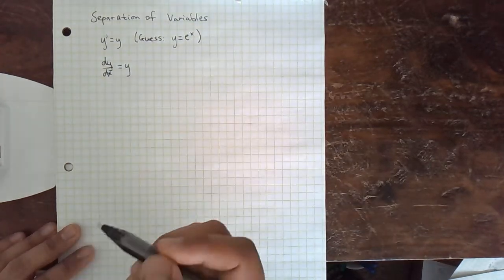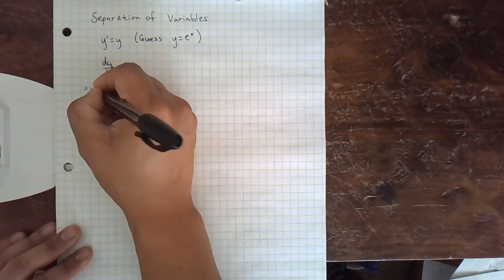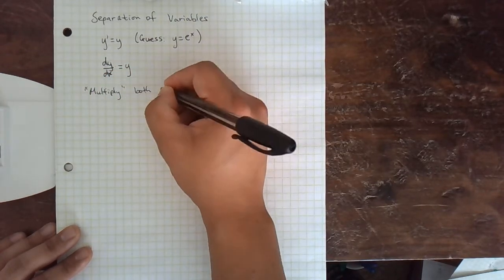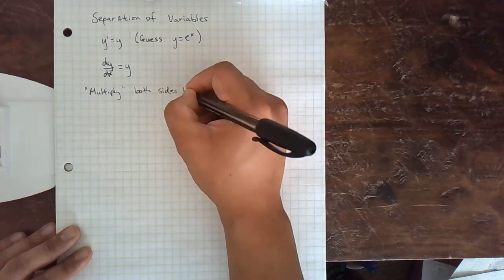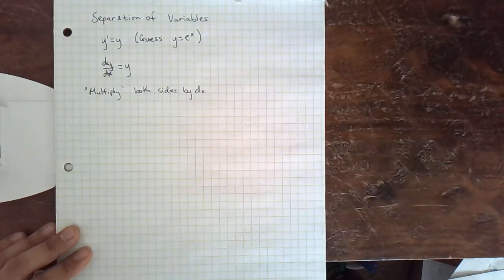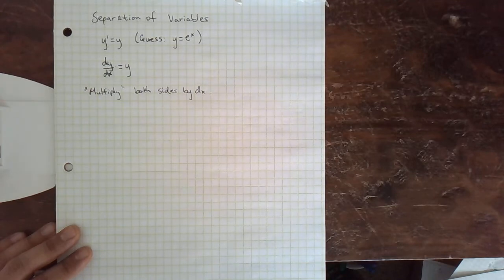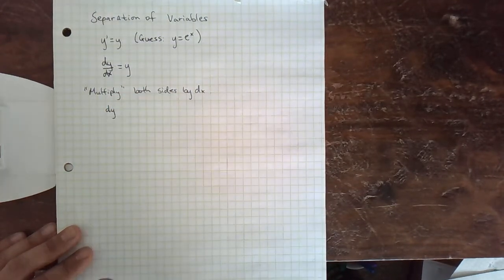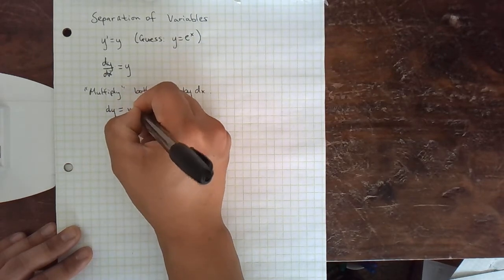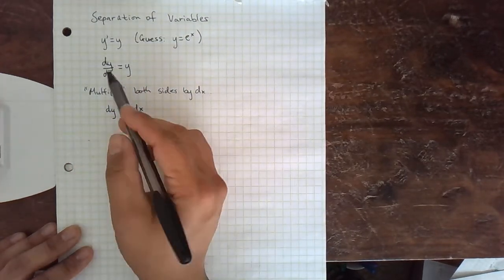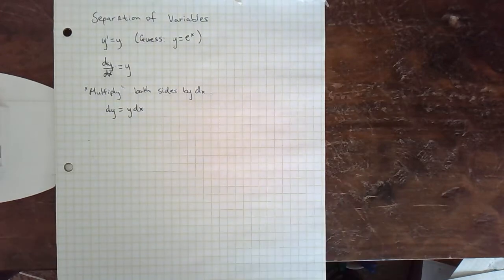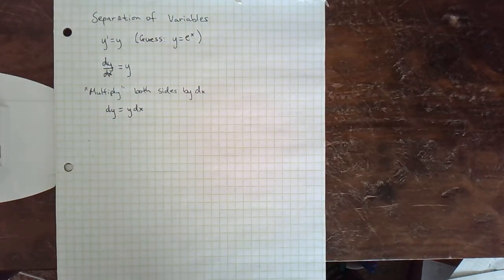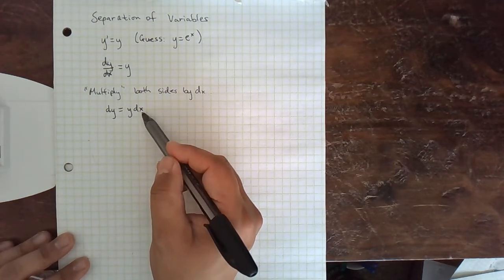So what I'm going to do is I'm going to multiply both sides by dx, which, be very, very careful when you do this. Sometimes this is illegal. Sometimes you don't want to think about dx as a number, but here it's okay. So we always want both dy and dx in the numerator of different sides, so that we'll always be able to do that just by multiplying both sides by dx.